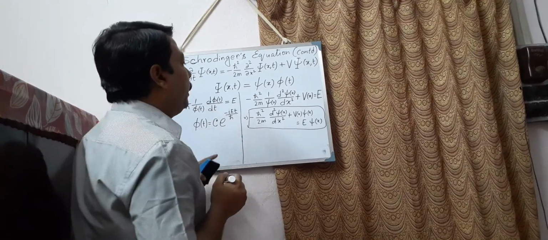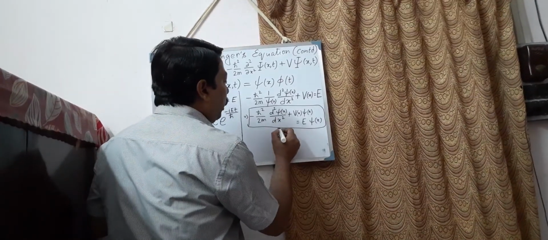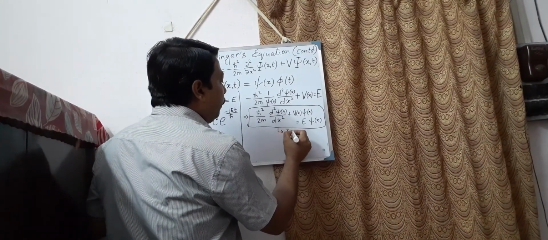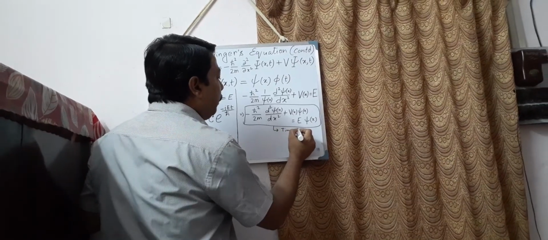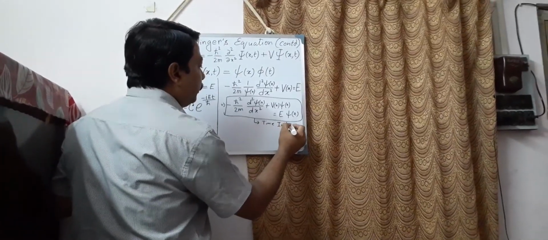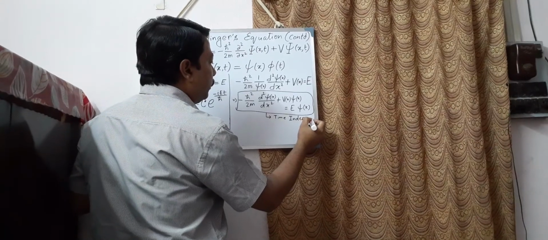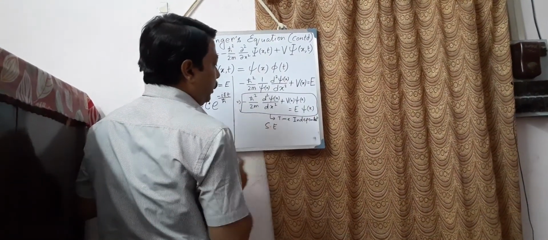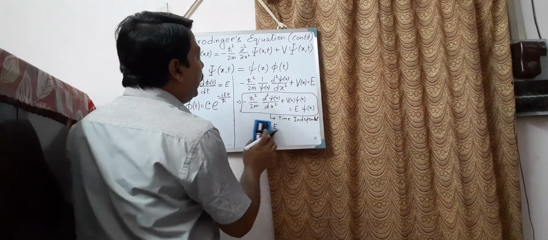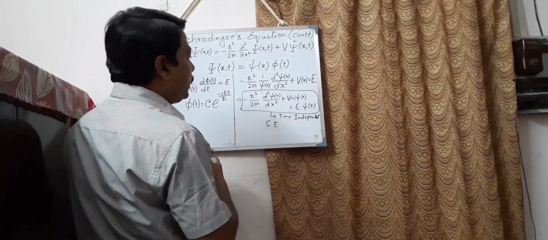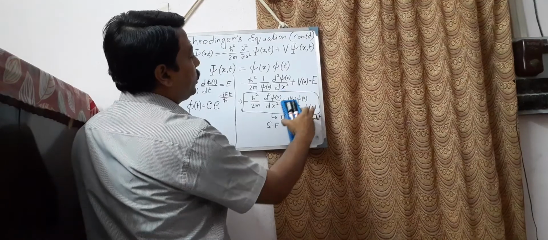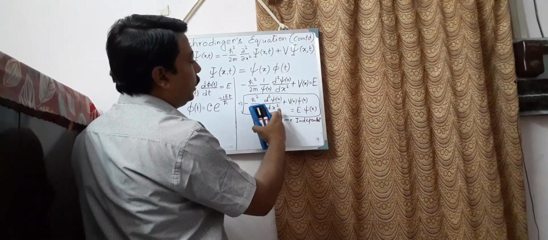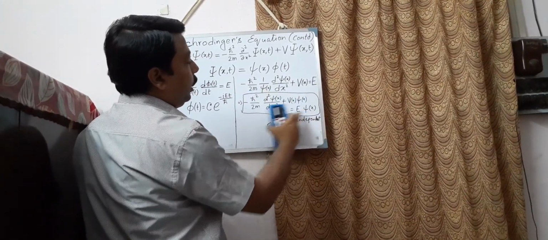So look, this equation that I get here now is what we call the time independent Schrodinger equation, because this equation has got nothing to do with the time variable.